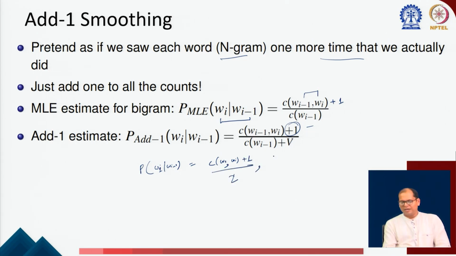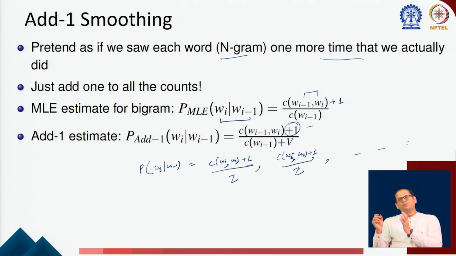Similarly for w2. I think I have taken the other direction, it should be wi minus 1 followed by w1, wi minus 1 followed by w2, right? And I'll add plus 1 divided by some normalization. Now all these probabilities should still add up to 1, right?